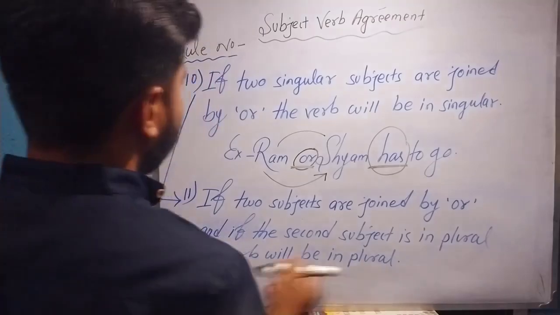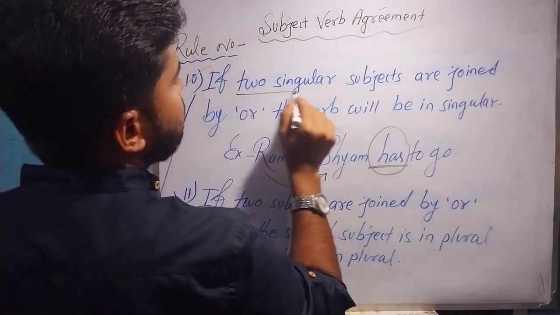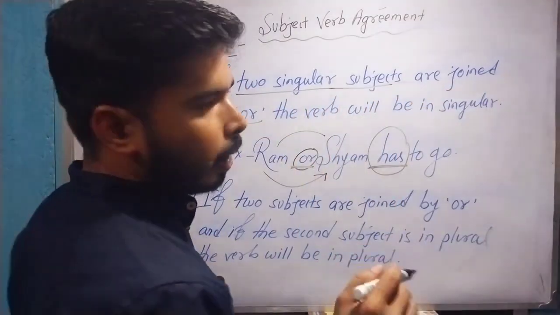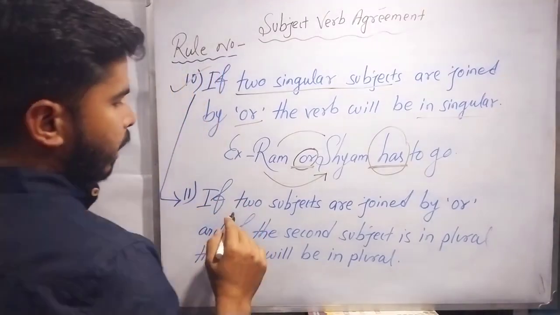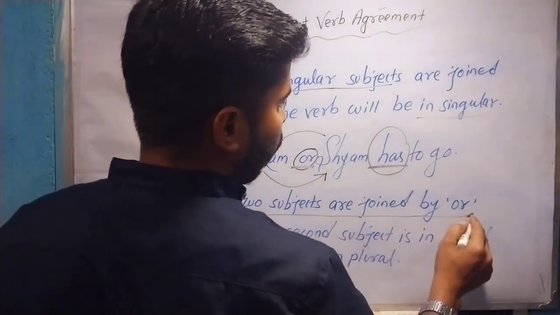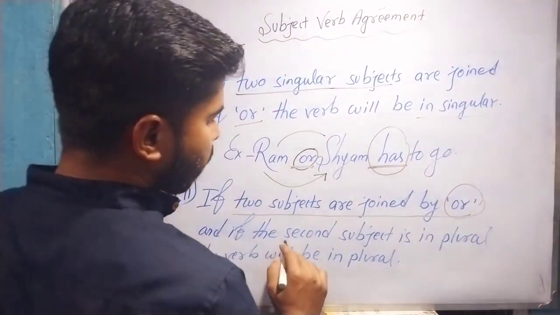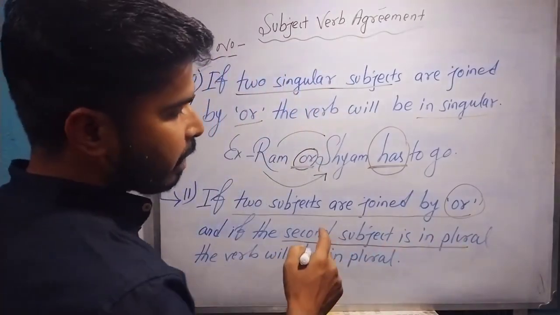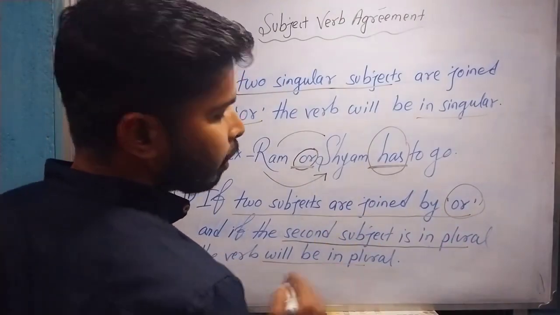So in the 10th example, you have seen that two singular subjects are joined by or, then we need to put the verb into singular form, right? But in this case, if two subjects are joined by or, and if the second subject, or the later subject, is in plural form, then the verb will also be in plural.